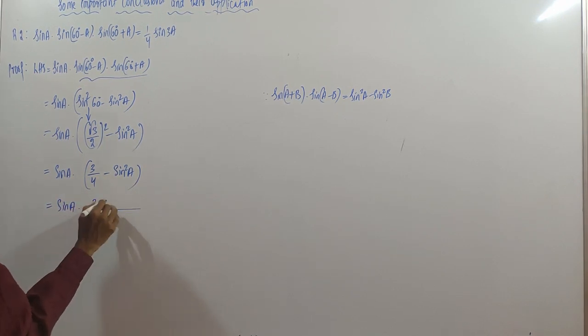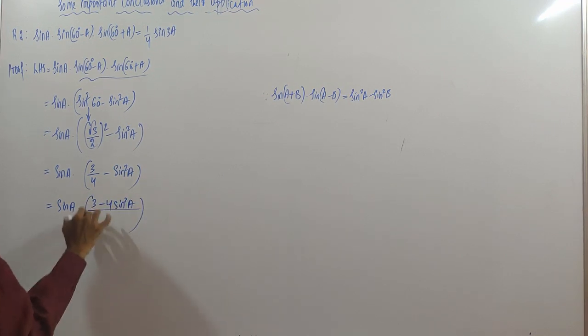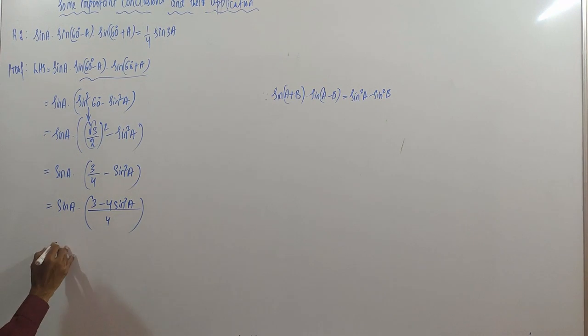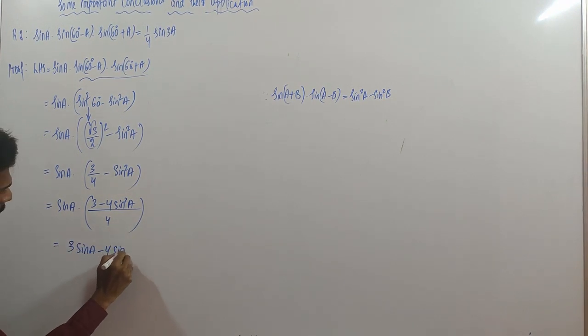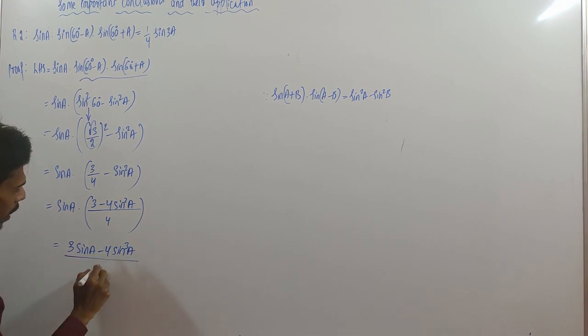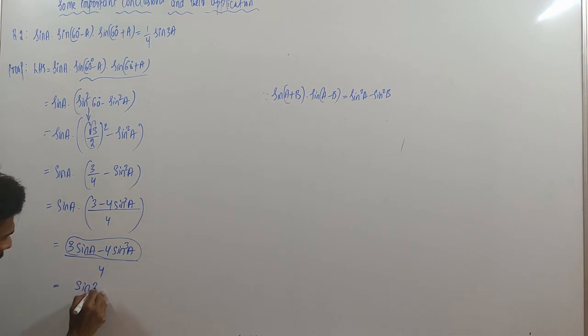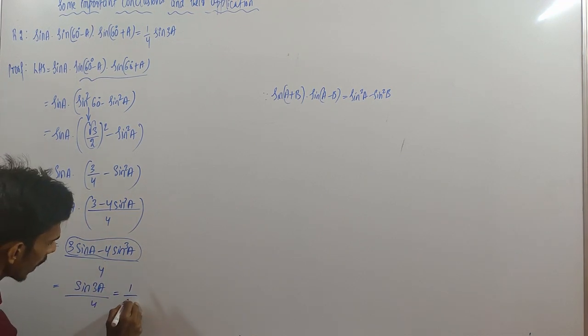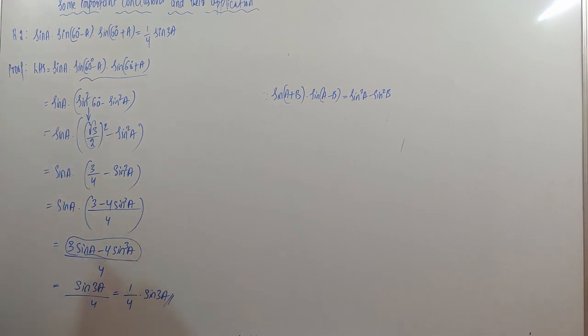We have 3 minus 4 sin square A. Multiply this sin here. We have 3 sin A minus 4 sin cube A divided by 4. This is the formula for sin 3A. So we have sin 3A divided by 4. This can be written as 1 divided by 4 into sin 3A. Hence we got this value 1 by 4 sin 3A.